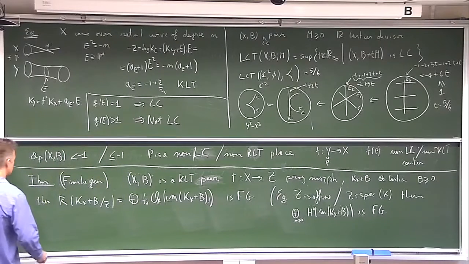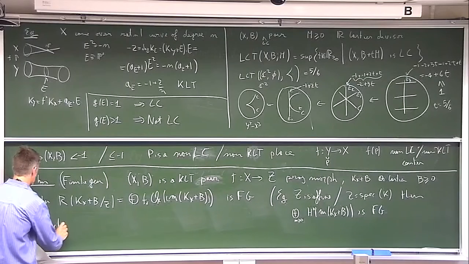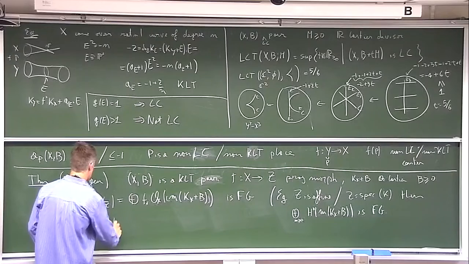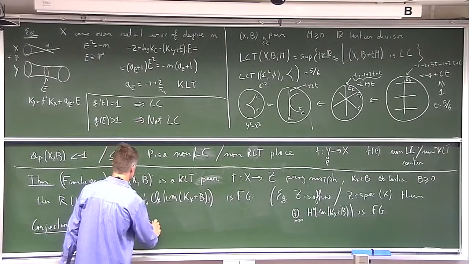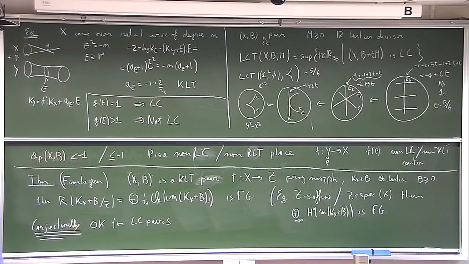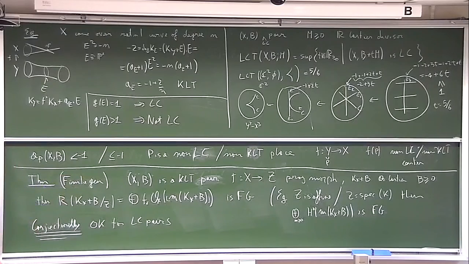Now, conjecturally, this should also be okay for log canonical pairs. But I really need to emphasize conjecturally. This is a very deep conjecture. It's pretty much equivalent to, if I remember correctly, the abundance conjecture, or at least very close to it. So it seems like a very small step to go from Kawamata log terminal to log canonical.